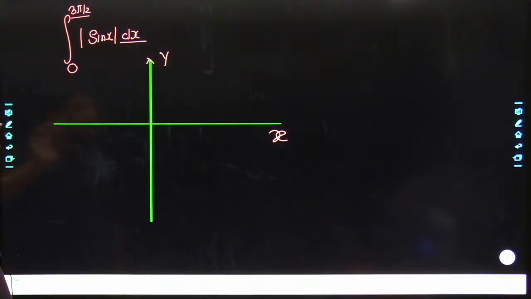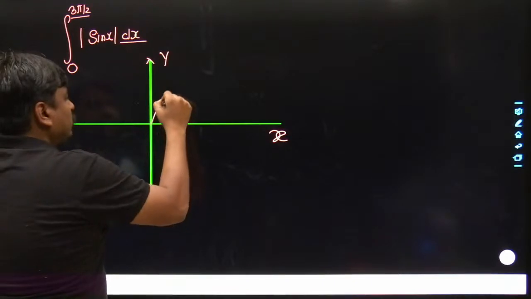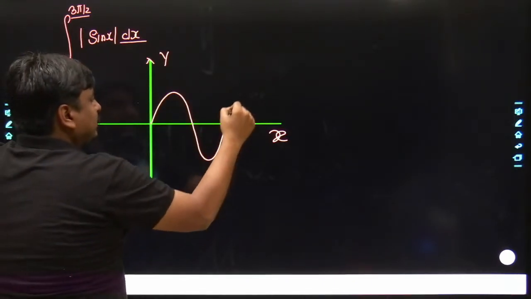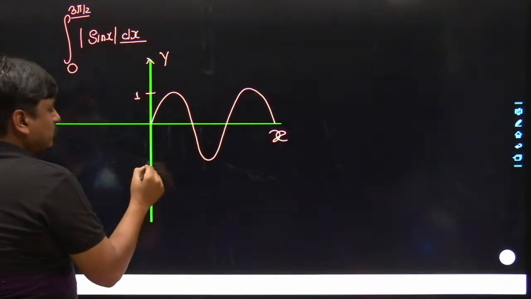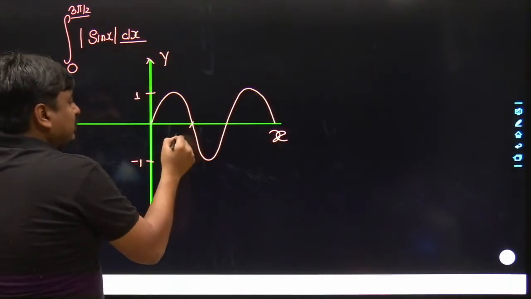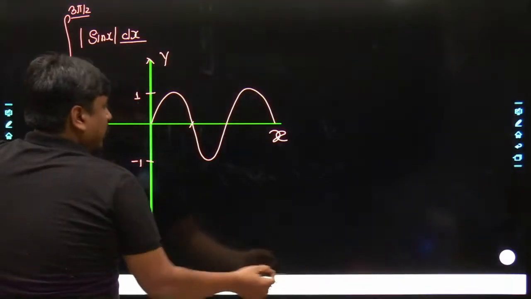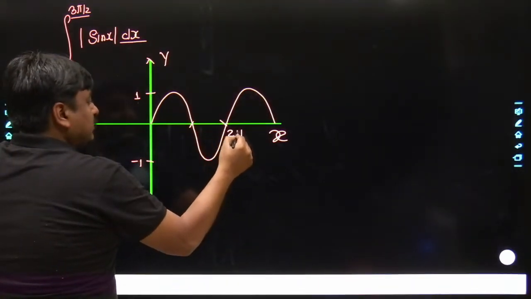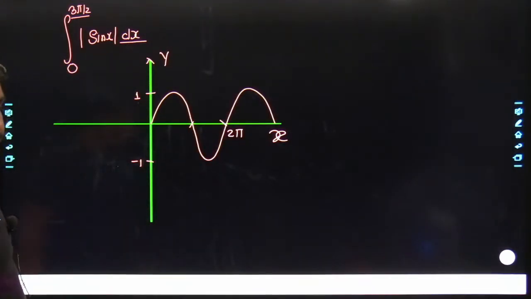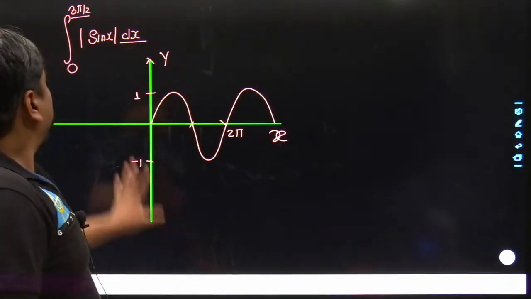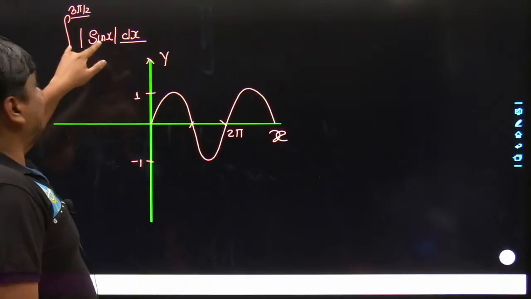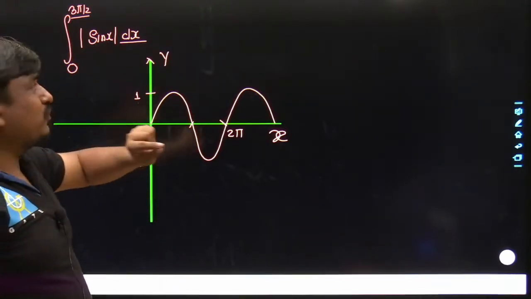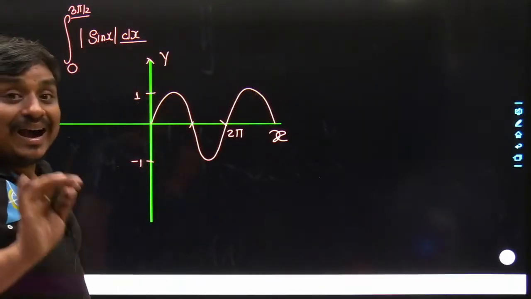How does sin x look? The sin x is a pure oscillating signal, where the upper peak goes to +1, the lower peak goes to -1, and obviously its time period is 2 pi radians. But once you take its modulus, what does the modulus of sin x mean? That means for any possible value of x, mod of sin x can't be negative.